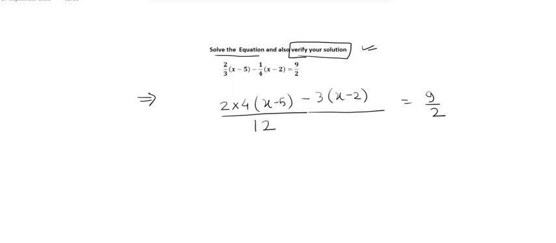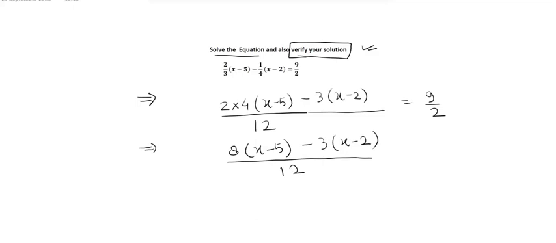After that you multiply this, 4 twos are 8: 8(x minus 5) minus 3(x minus 2), divided by 12, is equal to 9 by 2.